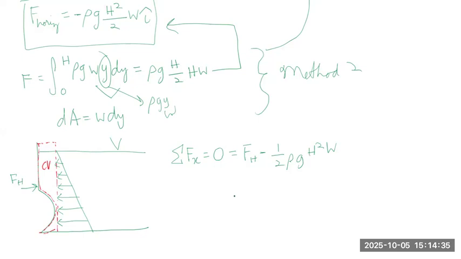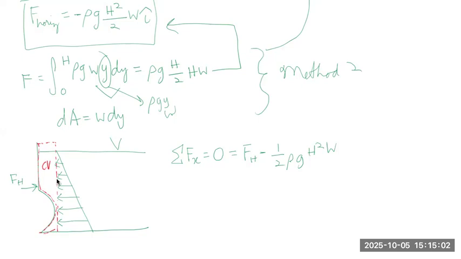However, yes, that's why it's found by balancing horizontal forces on the control volume, because this control volume allows us to treat again the area as a vertical projection.